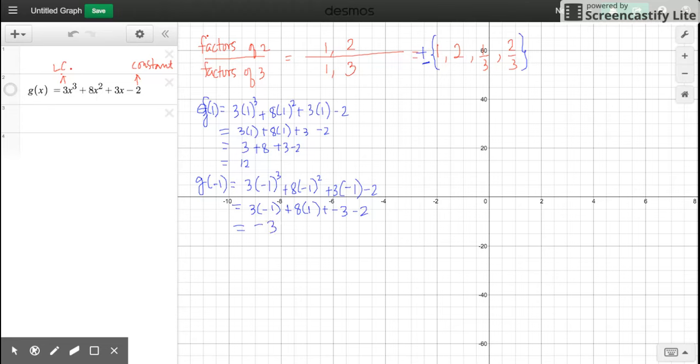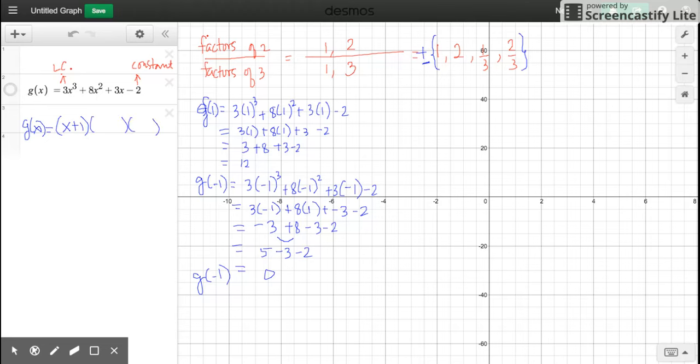Therefore, we'll get -3 plus 8 minus 3 minus 2. And this is going to give us 5 minus 3 minus 2, which gives us 0. So g of -1 is a 0. Therefore, we found one factor. g of x is equal to x plus 1 times something.